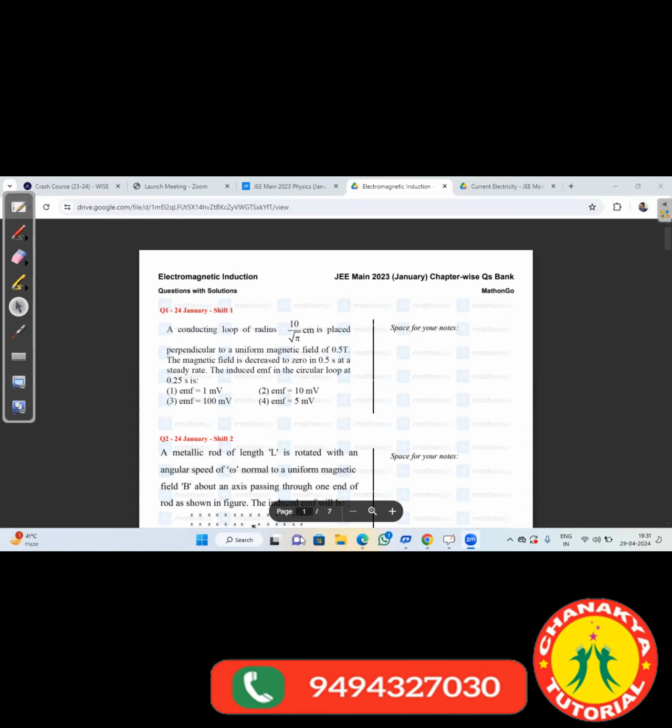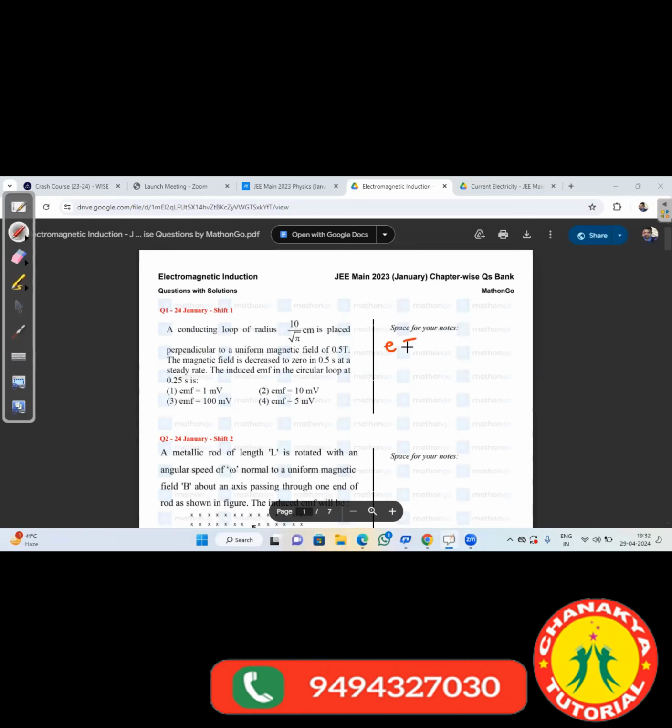Okay, so what concept is to be utilized here? EMF is equal to d phi by dt. Yeah, so EMF is equal to d phi by dt.